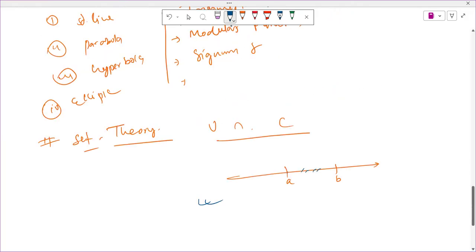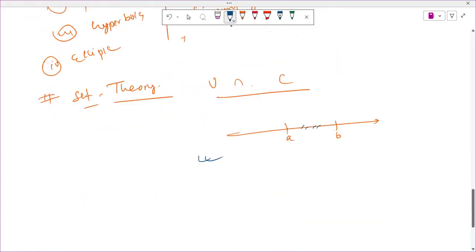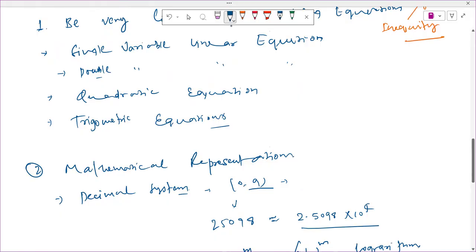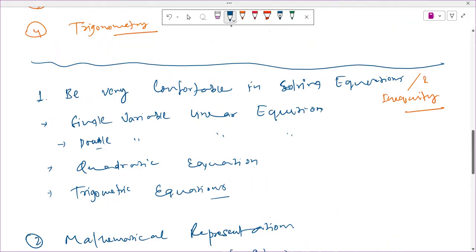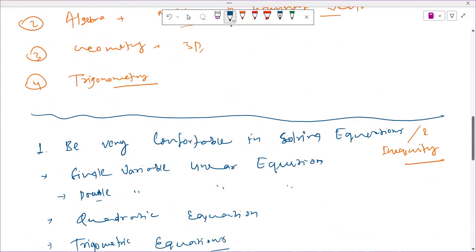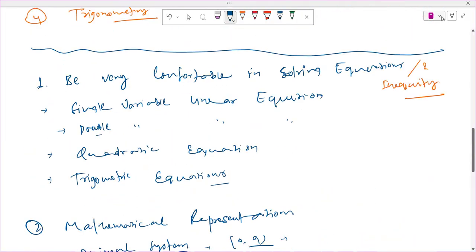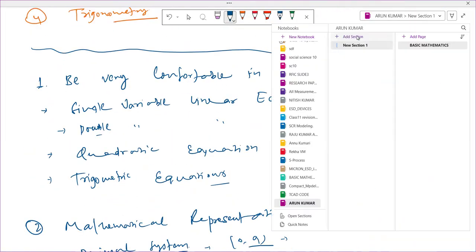So I think from today, this is the overview of a discussion on the syllabus and what we need to understand before going into each chapter. So let's add another section, or another page.